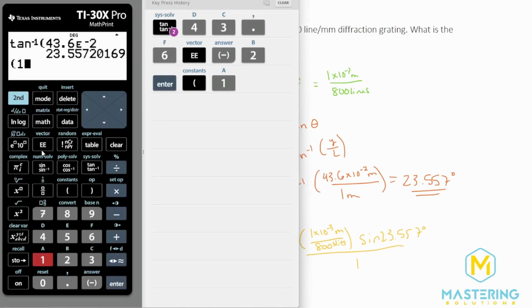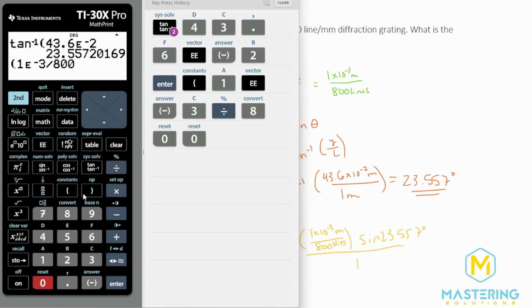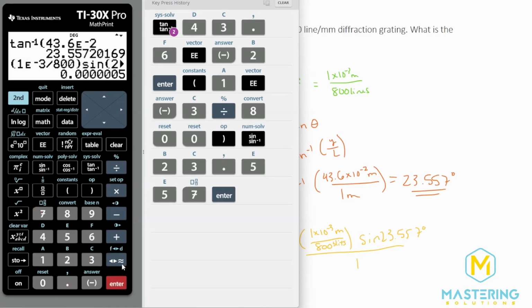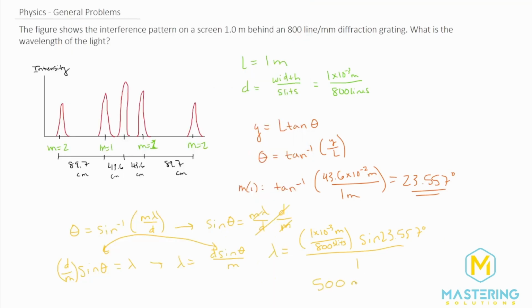So we have 1 times 10 to the negative 3 divided by 800, multiplied by the sine of 23.557. That gives us 500 nanometers for the wavelength.